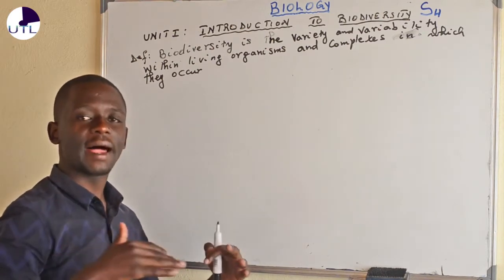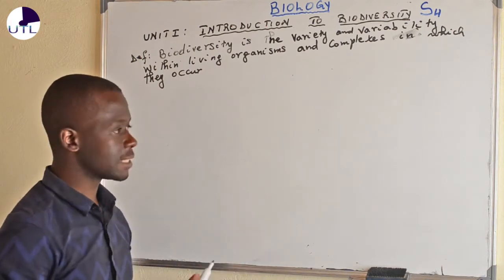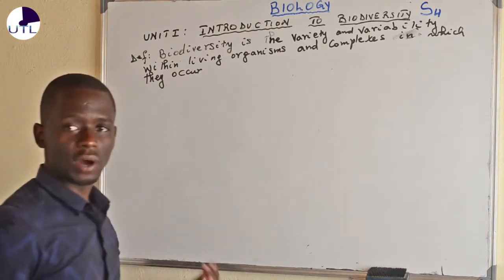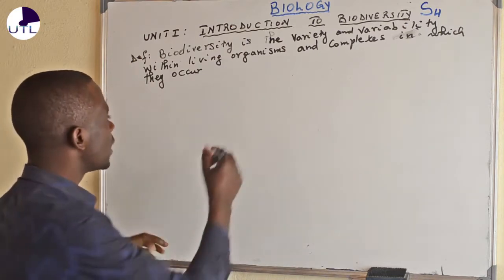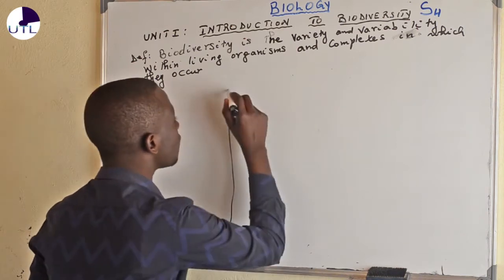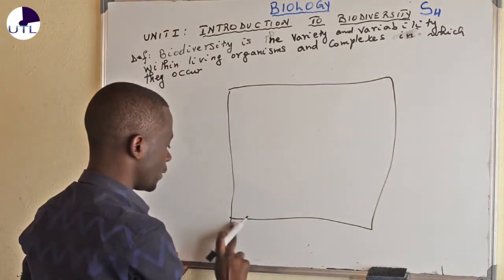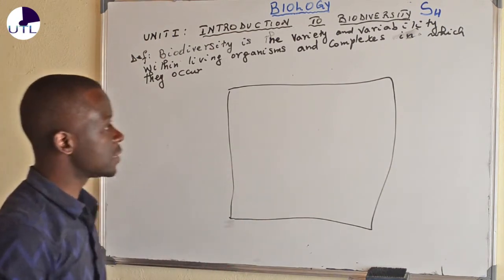When we say we have a variety, it means there are a lot of living organisms in our ecosystem. In the world or where we live, we have a lot of different living organisms. Let's say this square is a certain ecosystem.